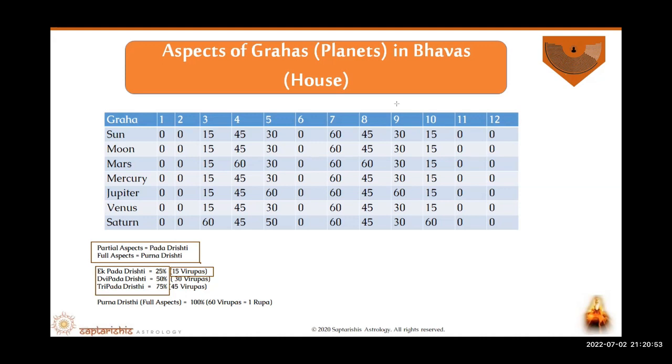Now the actual meaning of rashi: you know why they call it rashi? Zodiac sign is an English word. What is the exactly meaning of rashi in mathematical way? In Vedic mathematics they used to signify the 30 degree of circle as one rashi.